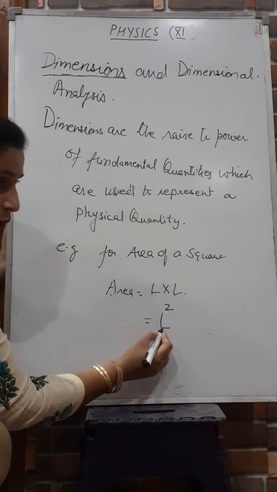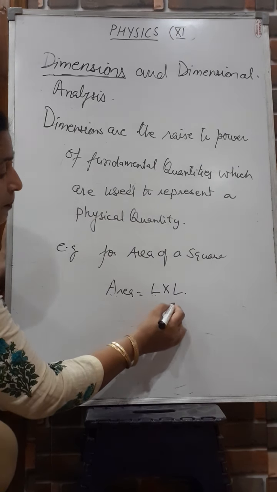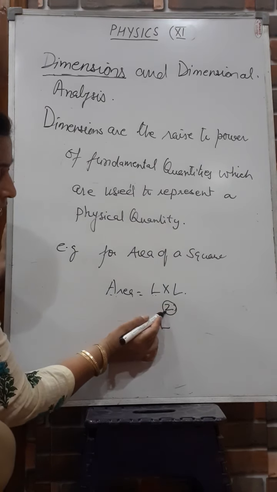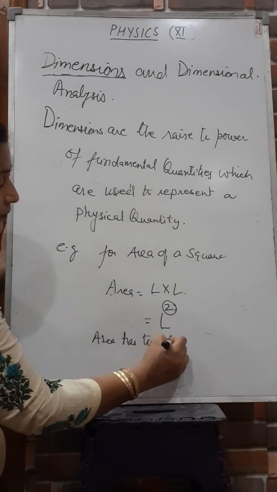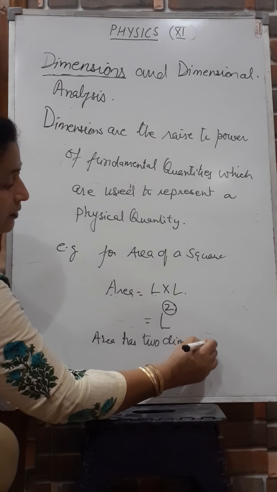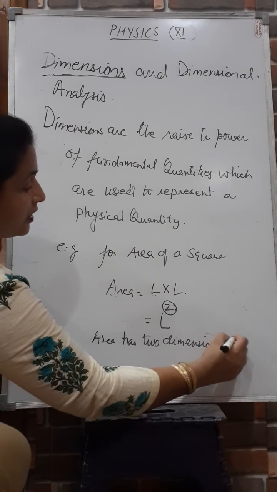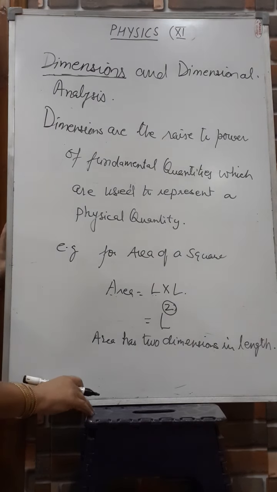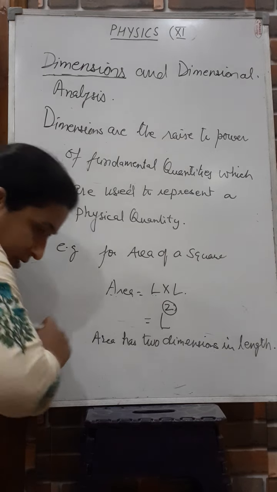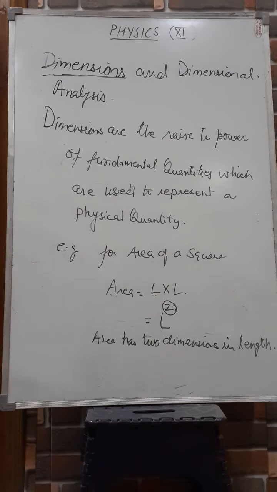Length is a fundamental quantity, so the power of this fundamental quantity is the dimension of area. How will we write the dimension of area? We will write that area has 2 dimensions in length. Area has 2 dimensions in length, right? Let's take one more example of dimensions.